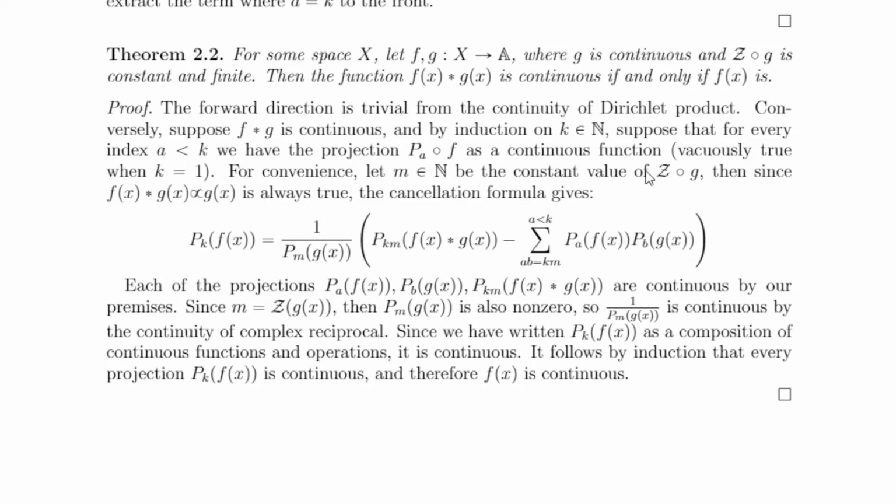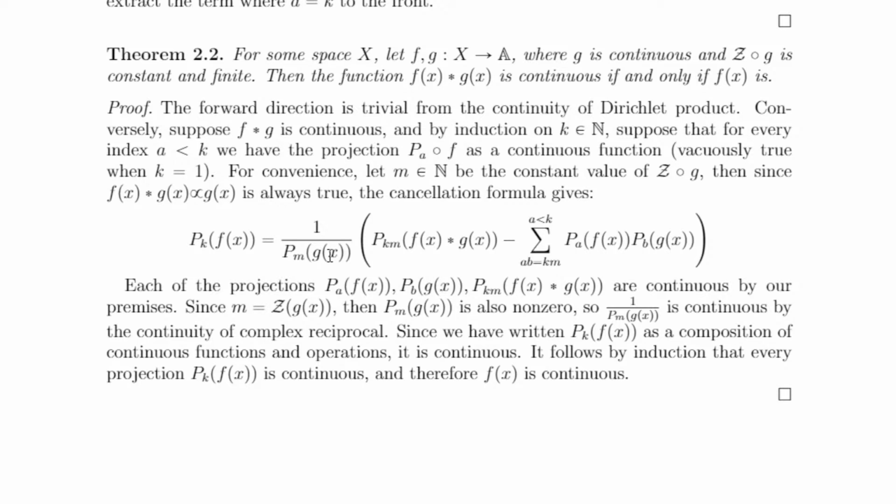And critically also, because m here is the z value of g, it's constant, and g is continuous. Because we have this m as our z of g, which is a constant, we know that this projection p, the projection onto the mth direction of g, is always non-zero.